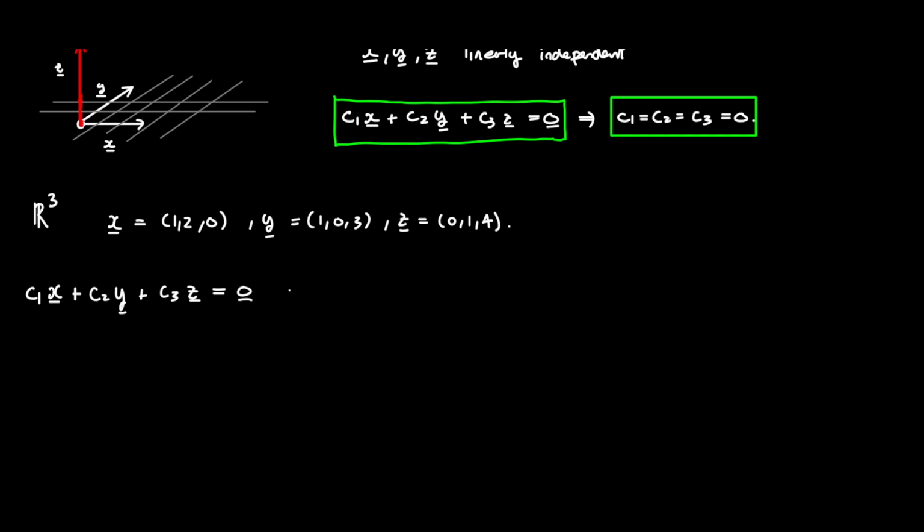Okay, so again, the only thing we can do, what can we do here? Well, we're dealing with a specific vector space and specific vectors. So let's write, not general, let's write specific. So C1 times (1, 2, 0) plus C2 times (1, 0, 3) plus C3 times (0, 1, 4) is equal to a specific vector, the 0 vector.